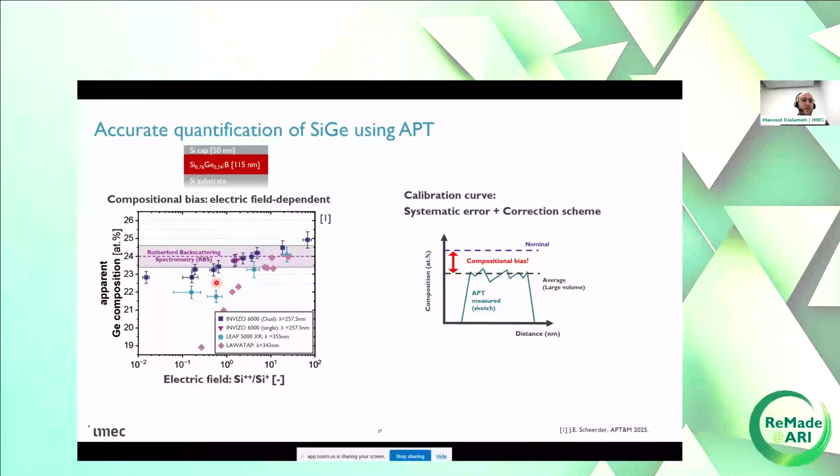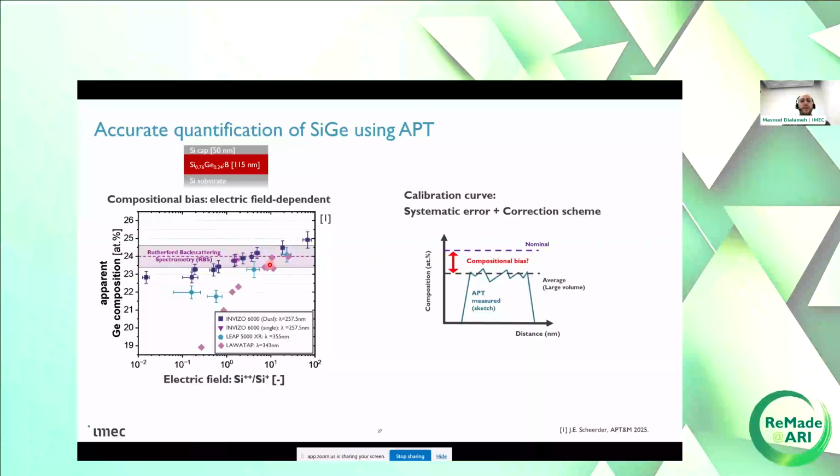This is quite typical for atom probe analysis, also for other material systems. But what is important for this specific application is that if we take Rutherford backscattering spectrometry as a benchmark to determine the reference composition, we can adjust the experimental condition, being electric field, to operate in a region where we know that we can accurately quantify germanium within the silicon germanium layer.